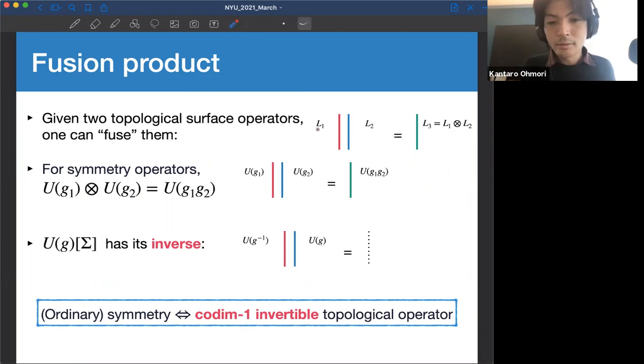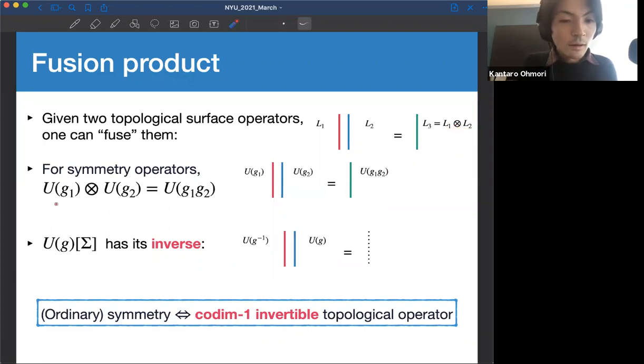That's just that if you have two topological operators, then these are topological, so in particular you can force these two to collide with each other to form a new topological operator, and I denote this new operator by this tensor product symbol.